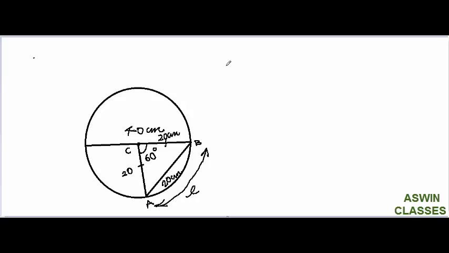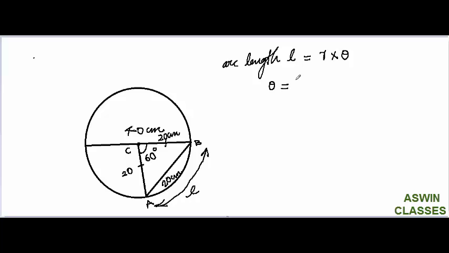You need to find this length, L. So you have that formula, arc length L is equal to radius into theta, central angle. This R is the radius of the circle, and this theta will be 60 degree. Here the theta is not in degree, it must be in radians.